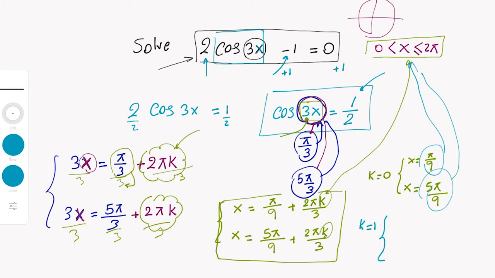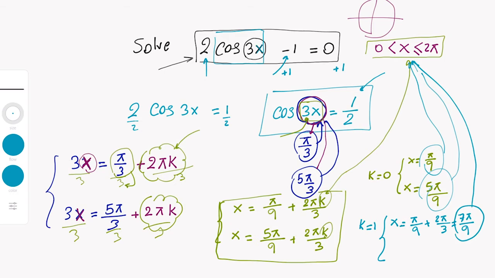When k equals 1, the first one gives x equal to pi over 9 plus 2 pi over 3. If you find the common denominator, we get 7 pi over 9. And 7 pi over 9 is inside the domain between 0 and 2 pi.